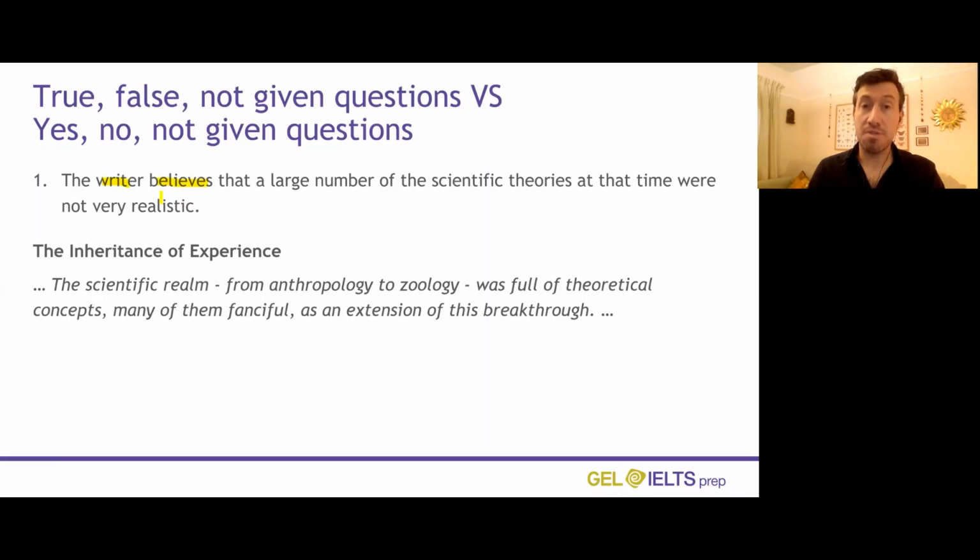So there's one of those opinion verbs, that a large number of the scientific theories at that time were not very realistic. And what I'd like you to do is to look at question 4 below the video and see if you can choose if you think that is yes, no, or not given. I'll give you 10 to 15 seconds to try that.